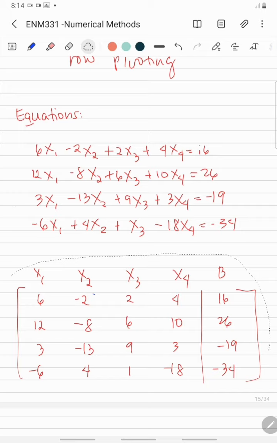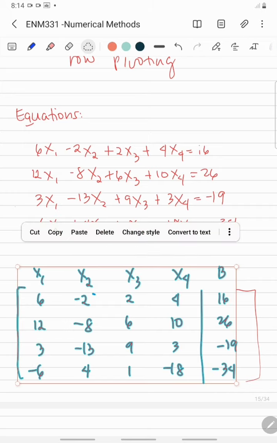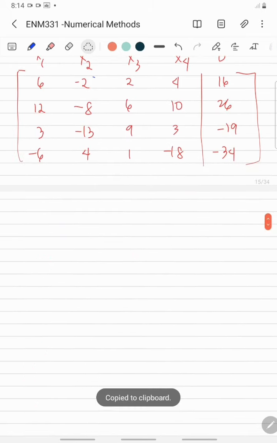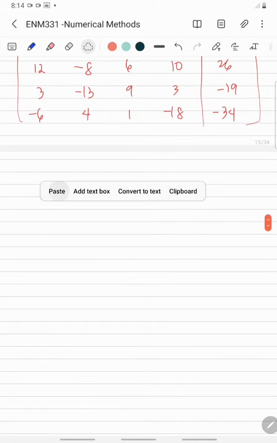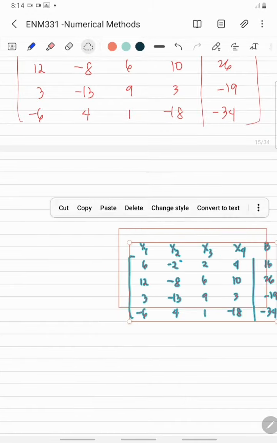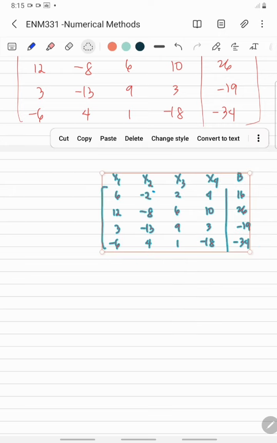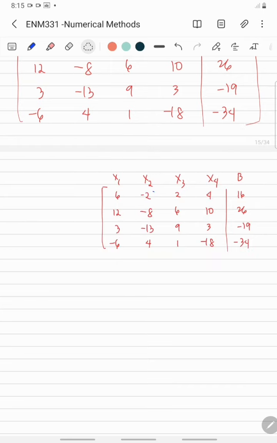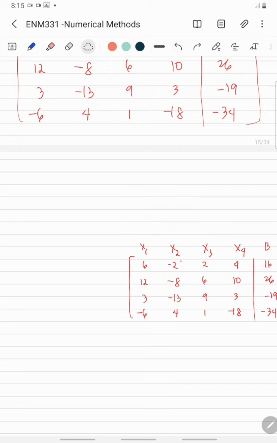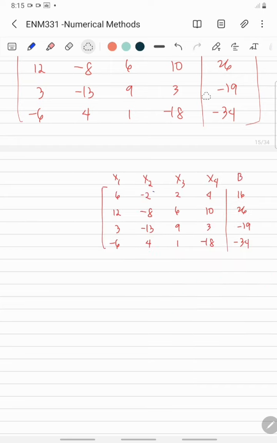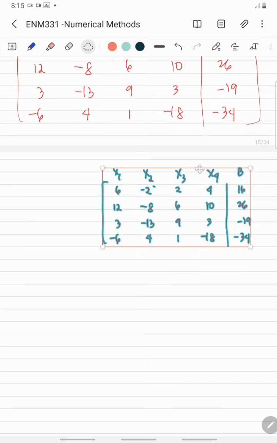Okay, I have to copy the augmented matrix because I need this in our next step. I have to copy paste it here. For the first row, our horizontal elements are 6, negative 2, positive 2, 4, and we have a constant of 16.